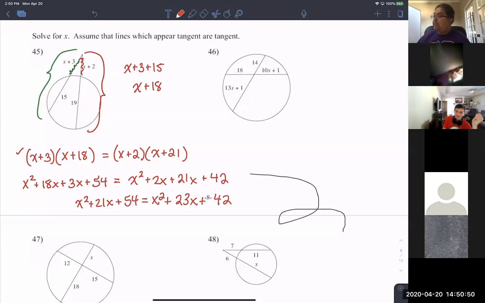Okay. And basically all you do is solve. Subtract x squared from both sides. Subtract 21x and then subtract 42 from both sides.